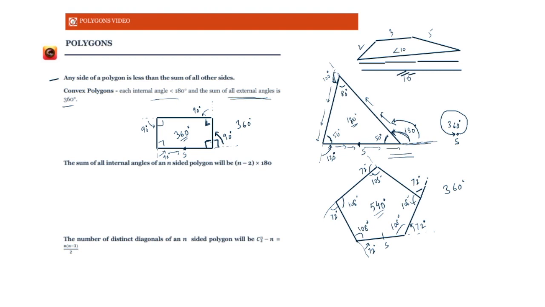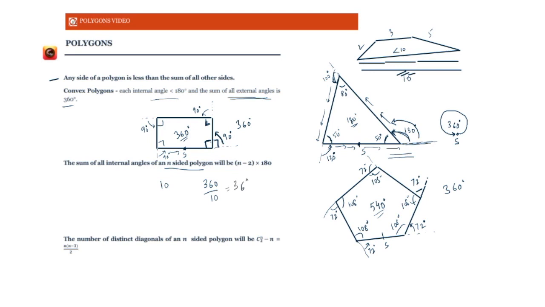Now, normally the way I like to calculate the sum of all internal angles of an n-sided polygon is that, for example, if I have 10 sides, and all the external angles are equal, then I would say that the external angle is 360 by 10, which is equal to 36 degrees.